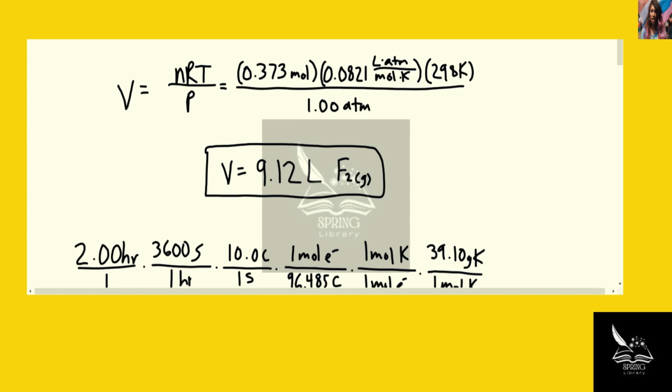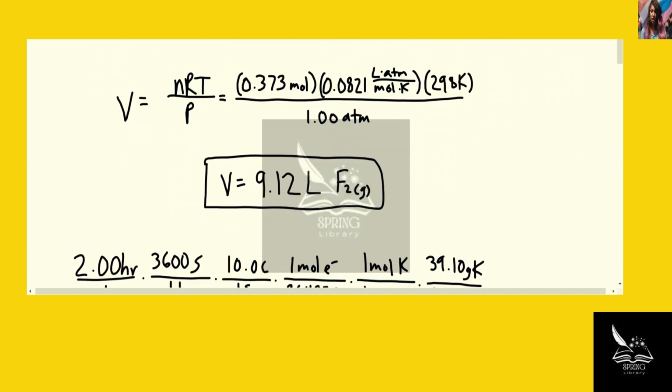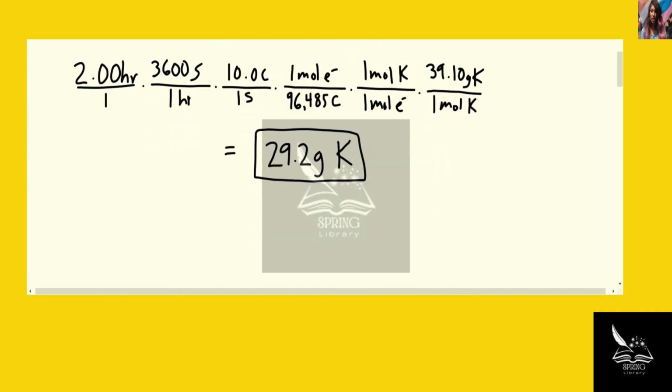So therefore, this 9.12 liters of F2 corresponds to the anode, since that's where oxidation occurred. And the solid potassium is produced at the cathode, since that is where reduction took place.